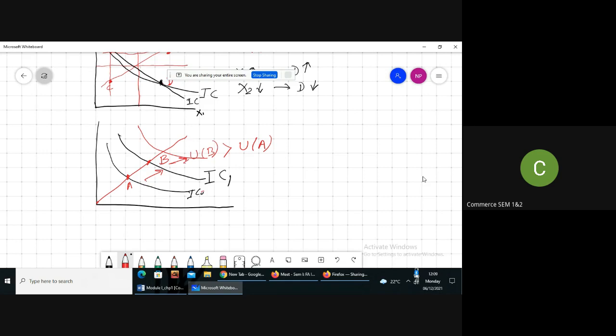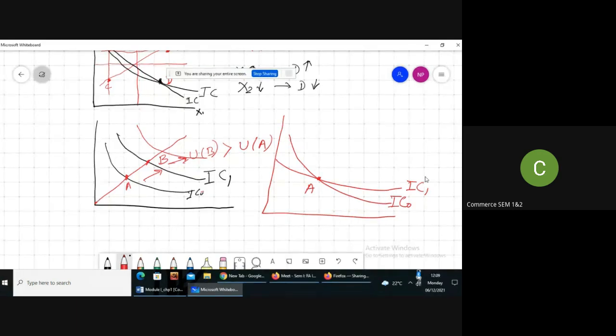Now draw again another diagram. Say this is IC0 and you are drawing another IC which are intersecting each other, call it IC1. Now as these two indifference curves intersect each other, if you take this point A here, so utility at point A, which is on IC0, is exactly same with utility for IC1 because point A lies on IC1 also. Now you take a point B here.